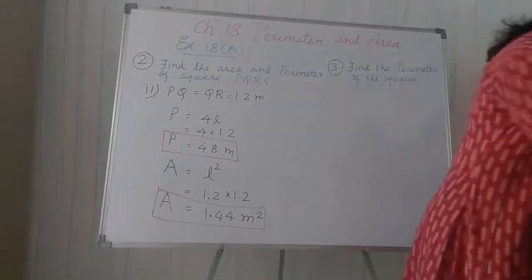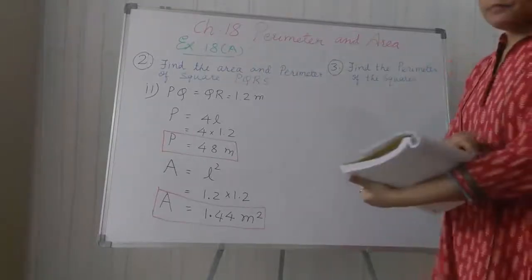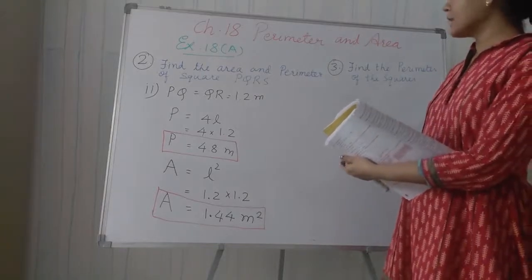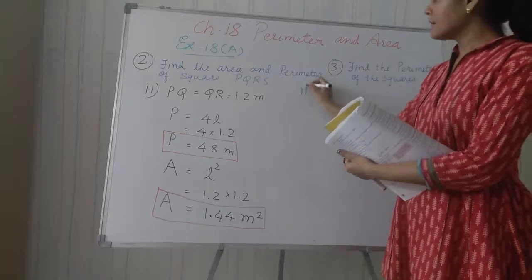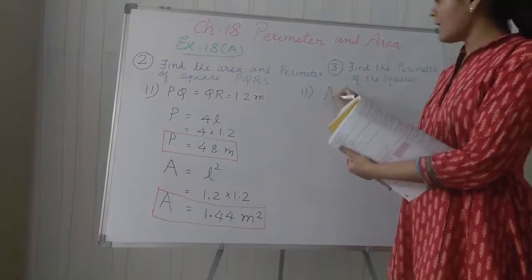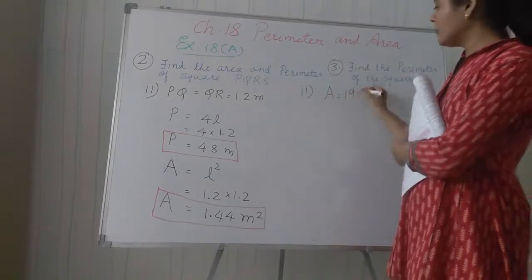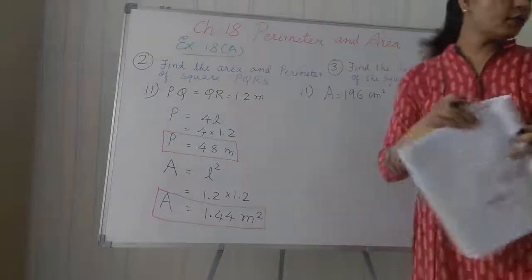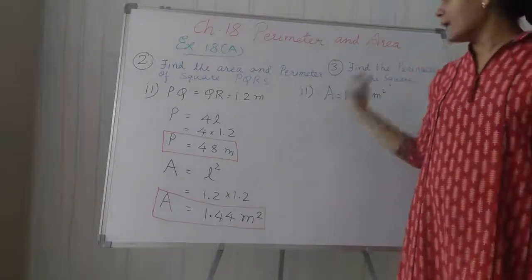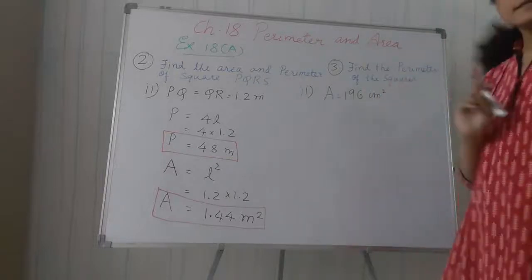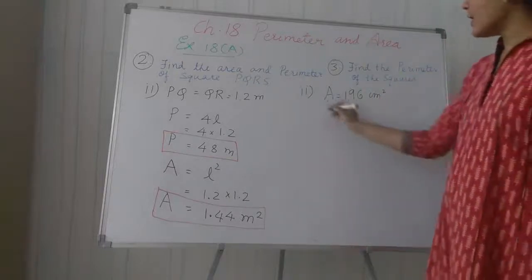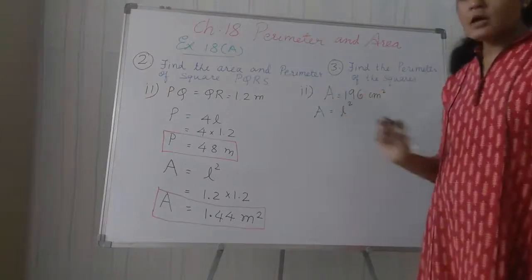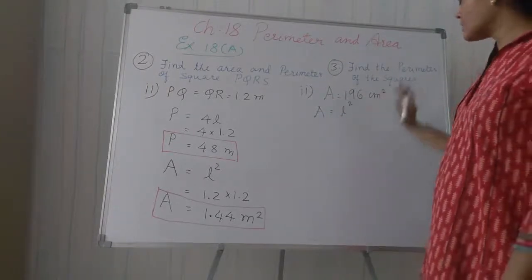Now you are given 3 questions, so I will take the second and third for you. In the second question, the area given to you is 196 centimeter square. First of all, students, using this area, we have to find the side of the square. For that, area is equal to L square. This is the formula we all know for the area of a square.